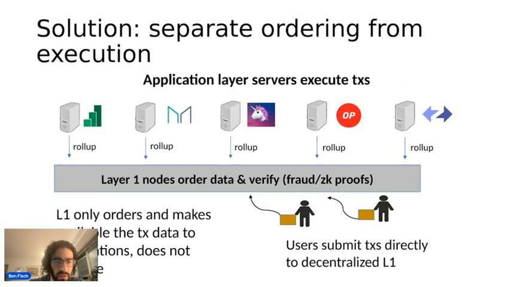It would not execute. And then the application layer would just read from the layer 1, and every application-specific server would execute the transactions for that given application and prove the result and the state update to the layer 1.